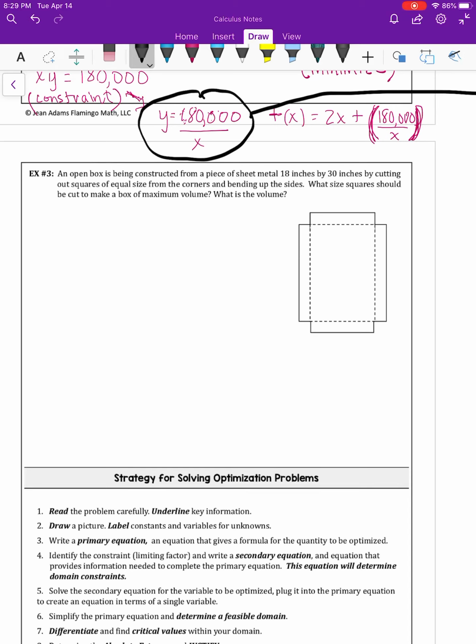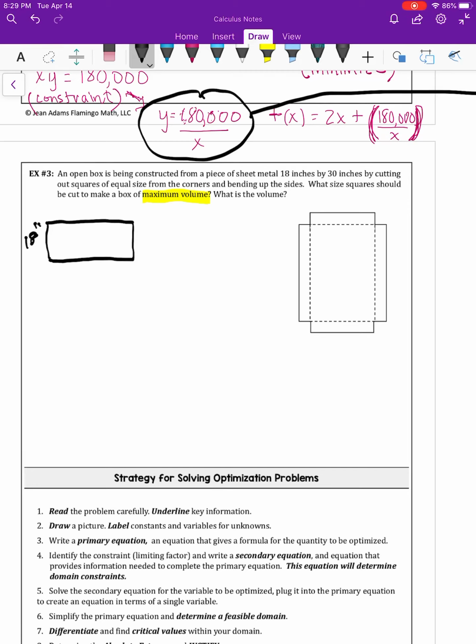Okay, example number 3. An open box is being constructed from a piece of sheet metal, 18 inches by 30 inches, by cutting out squares of equal size from the corners and bending up the sides. What size squares should be cut to make a box of maximum volume? When you see maximum volume, you're going to take the volume equation for this box.